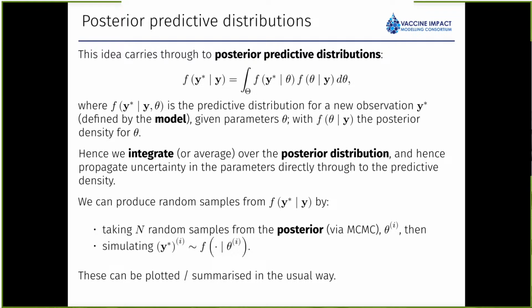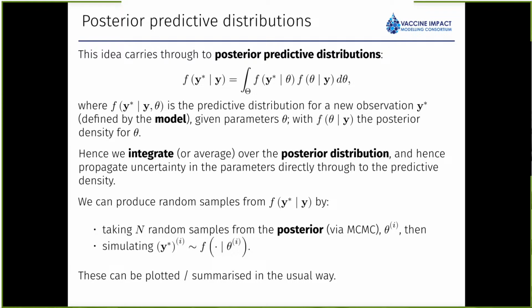Now again, we don't do this analytically. Notice that this is an expectation, right? Based on our definition of expectations, this is an expectation over theta of a function of theta multiplied by a density, right?